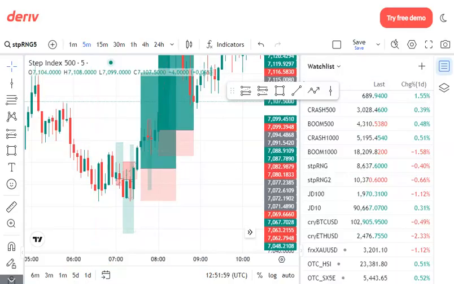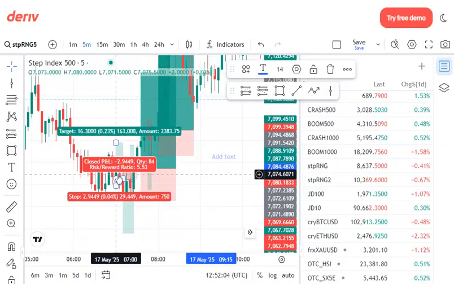So we are going to go straight to the calculator. I was just going to outline, writing even on our screen here. So let's say our first trade was a risk of $2.9.